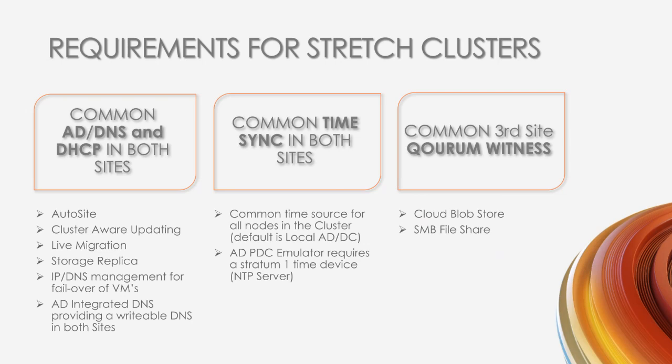I'll give you an example here. If there is no layer 2 stretched VLAN in place for the virtual machine IP address space, sometimes called the IP application space, then when a VM moves to the secondary site, it will not have a valid IP address to provide continual service. What we can do then is provide a DHCP service in each site. When the VM live migrates or is restarted on the secondary site, it will automatically request a new IP address.